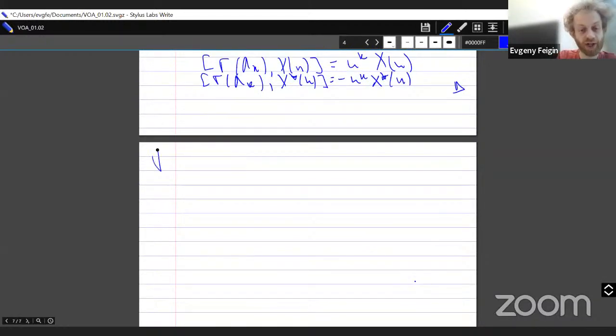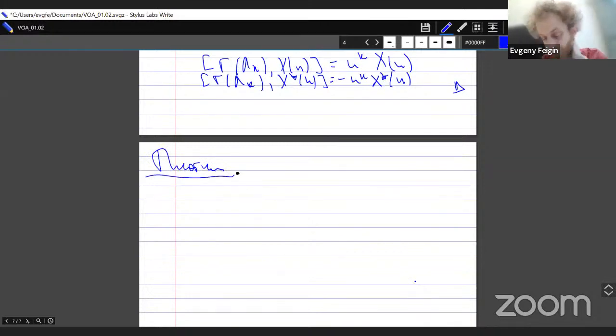So now the theorem comes. It says how to solve these relations. The solution is as follows. If we take gamma of u and restrict it to B of m, then the result can be written in a very explicit form. And this is probably the first historical appearance of the vertex operators.